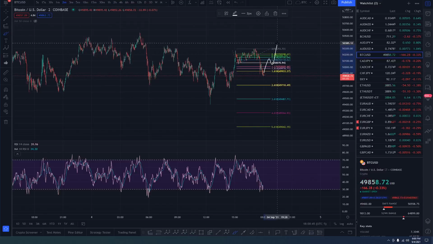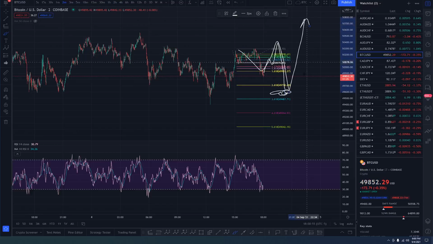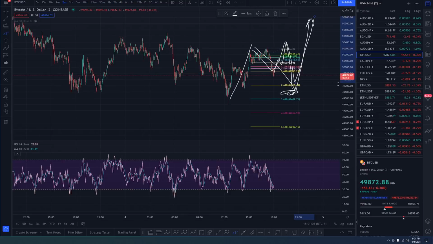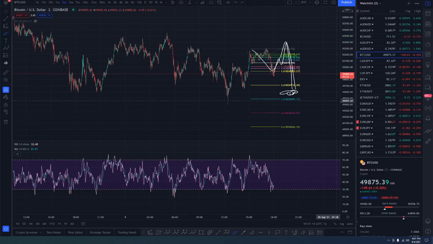Or we get a 3 up and a 5 down, and that becomes a flat in the middle that comes and retests this area, and then we get a pump tonight or tomorrow morning. A, B, C. And that would still be the same count that I had, just elongating it more. I think that's probably what's happening.